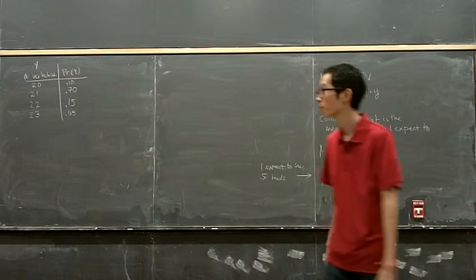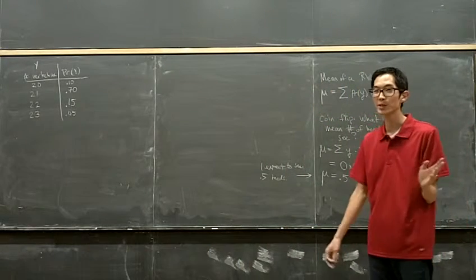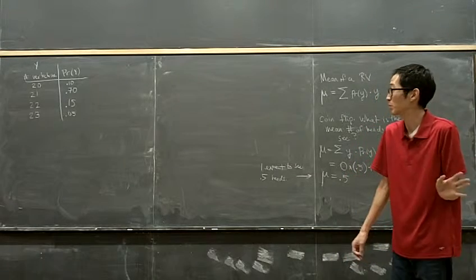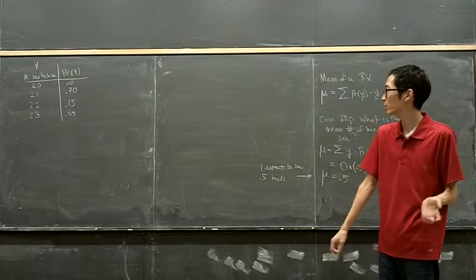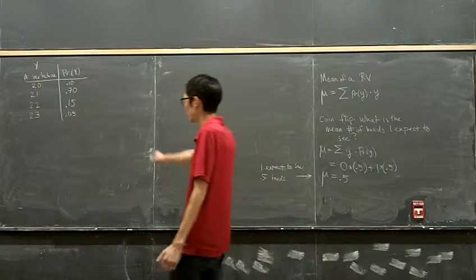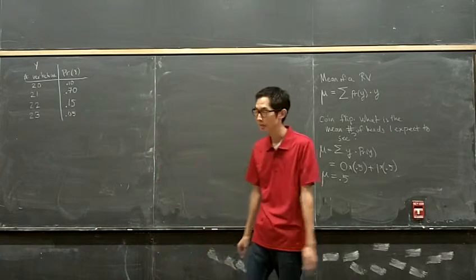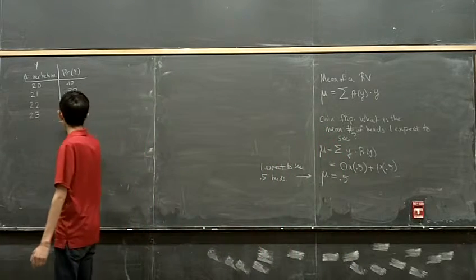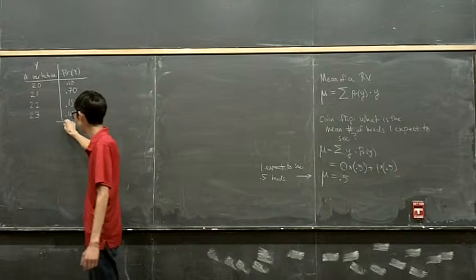Does that say y number of vertebrae? No, y is my random variable, which represents the number of vertebrae, and this is the probability that I get that number of vertebrae. And I think these add up to 100%, right? Yes, good.